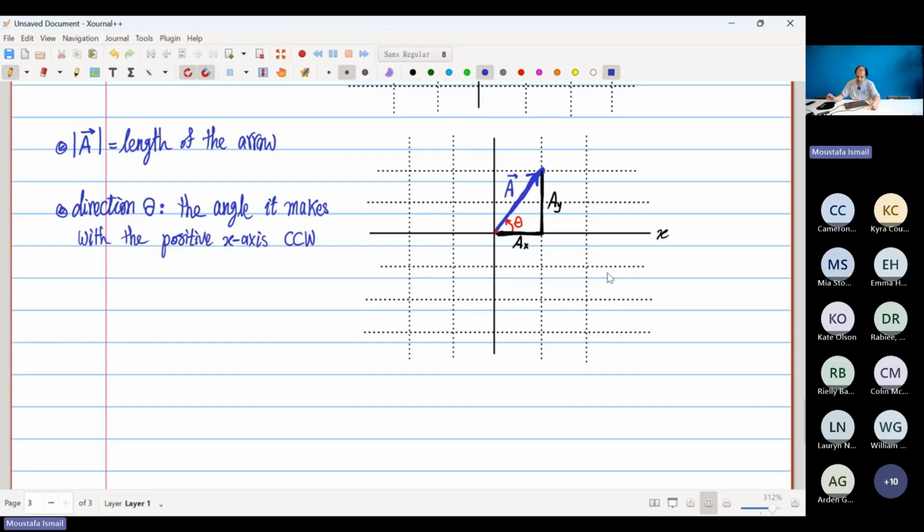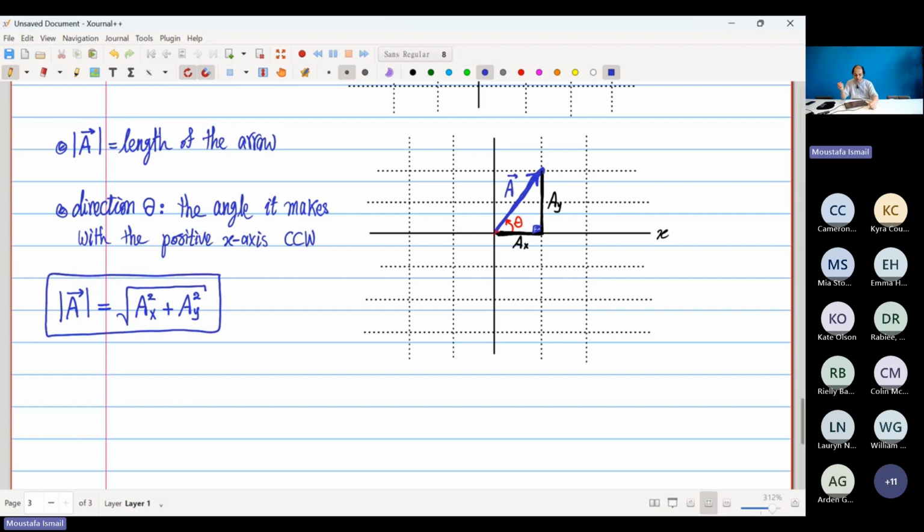Pythagoras' theorem: this is a right angle triangle by construction because the components are parallel to the x and y axes, which are perpendicular in this coordinate system. So the length of the vector by Pythagoras' theorem is the square root of ax squared plus ay squared. Okay, this is the length of the vector.